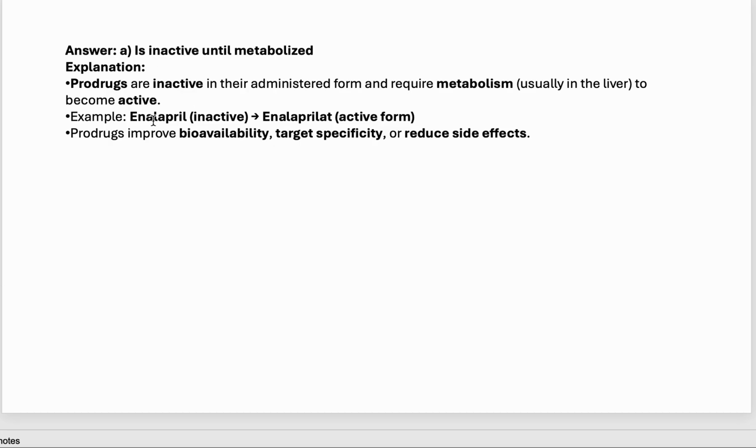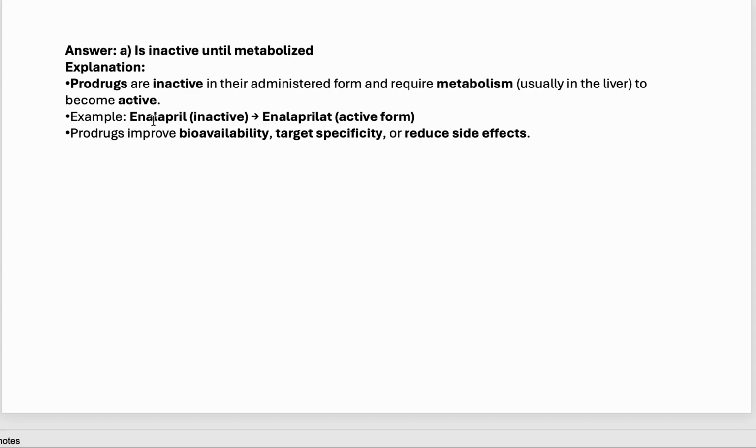There is an example. This is done to increase bioavailability, obviously. Some drugs, even if they are very good, start getting metabolized before reaching their site of action, by literally everywhere they pass through. All the enzymes are constantly attacking them. By making them prodrugs, they become active after some steps of metabolism.